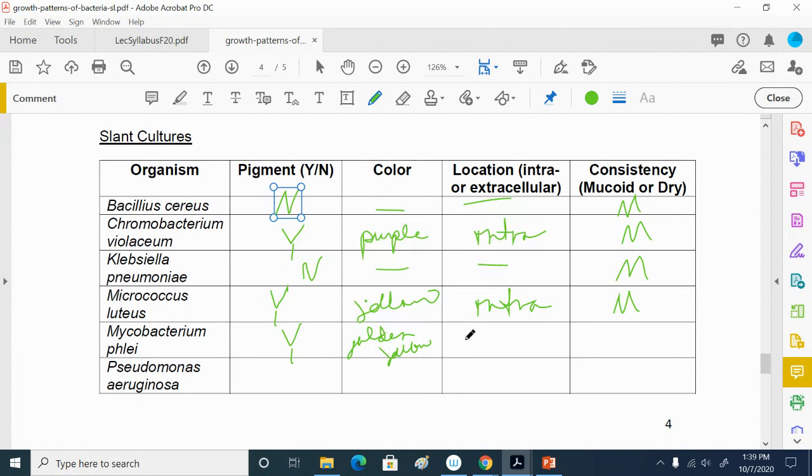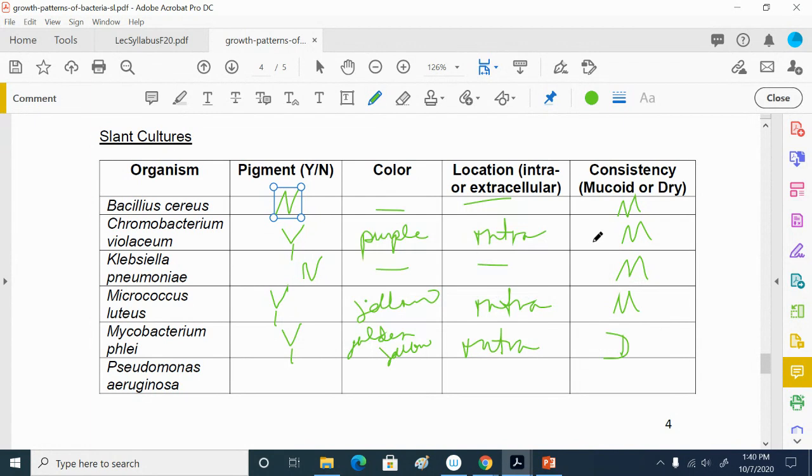Intracellular or extracellular? Intracellular. And mucoid or dry? Dry, or the fancy word friable.